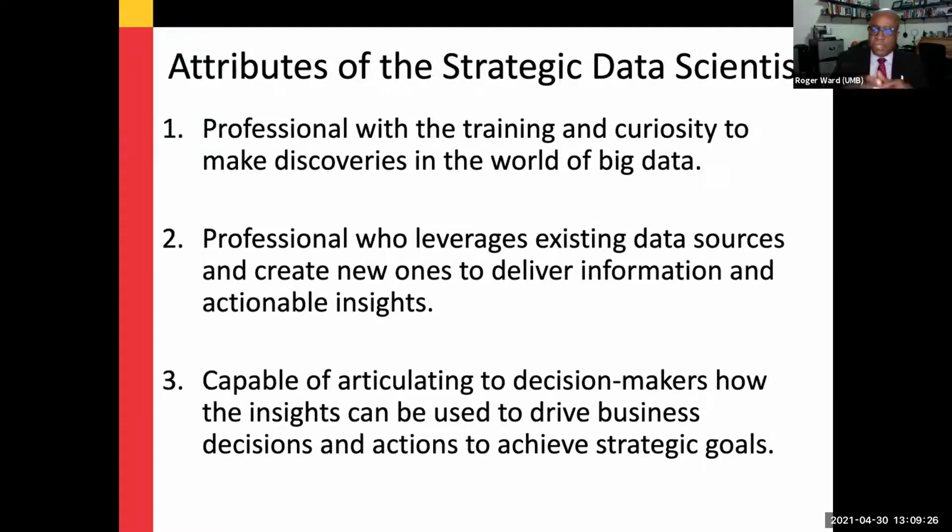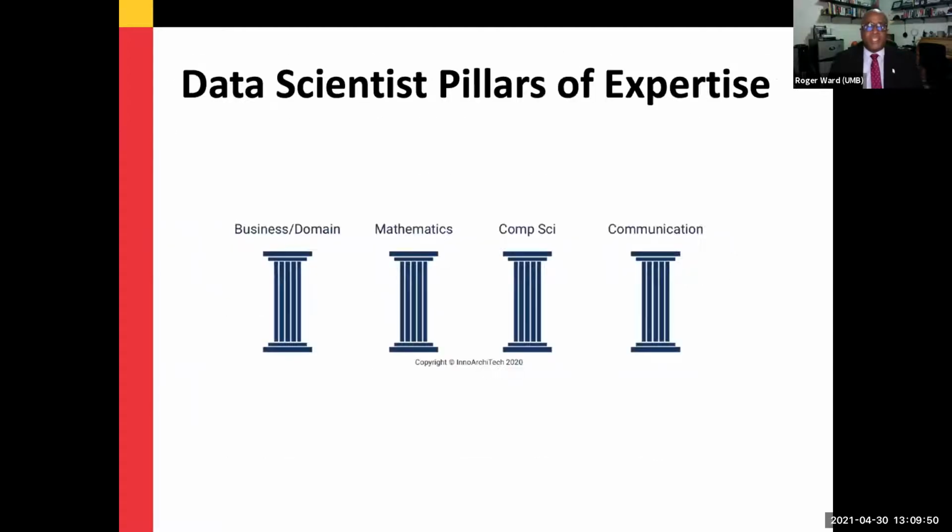This attribute, of these three, is oftentimes the hardest to come by, which I believe contributes to the disconnect between the very important work that data scientists do, and how that work then gets capitalized, leveraged, and used by the institution to achieve strategic goals. And I'll come back to that as well.